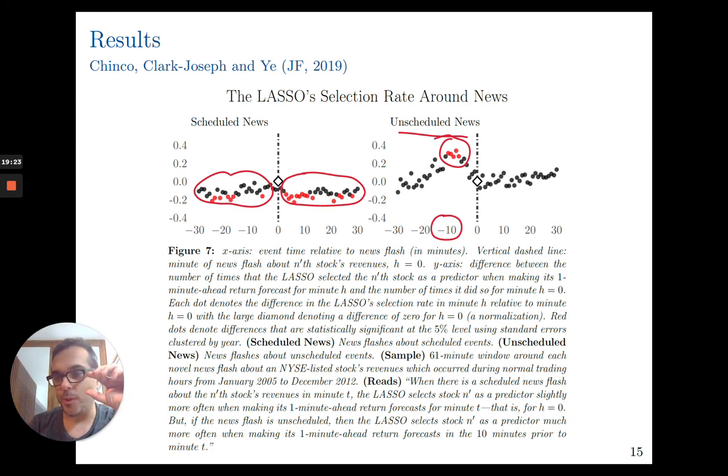When you have unanticipated news, somehow there is some information hidden in the cross-section of returns in the minutes before the news are released, and Lasso can pick that. Okay? And that's the interesting part of the paper.